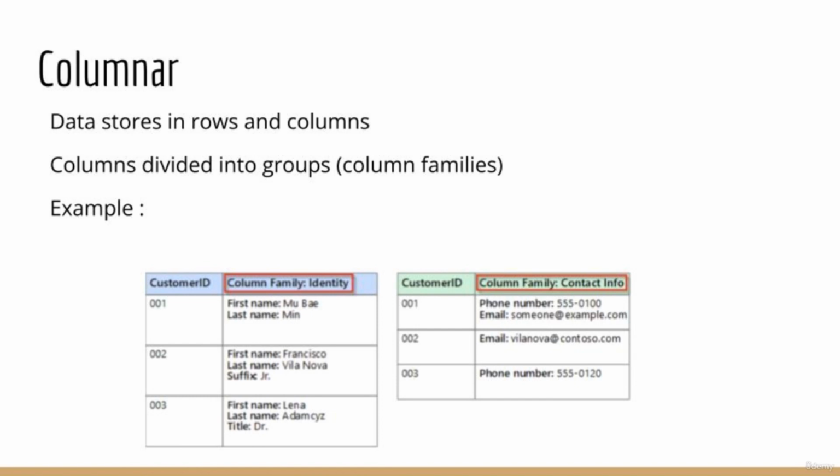The columns can vary by individual rows, and they are scalable, and update and delete operations are rarely performed in this data store. In our example here, we're storing customer data in a columnar model where we have two column families. The first column family is identity, which has the first name and the last name, and the second one has contact info, which has phone number and email.